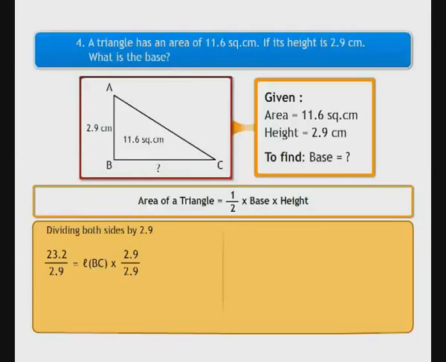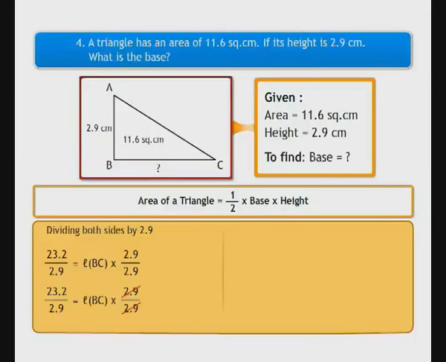Exercise 24. 1. What shall be the area of an equilateral triangle if its side is 12 cm? As the formula states, area of an equilateral triangle is equal to square root of 3 by 4 into side square.